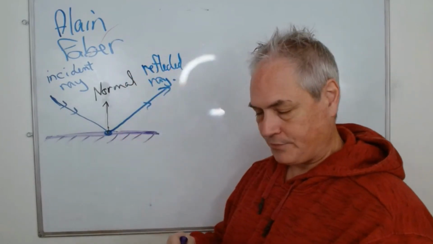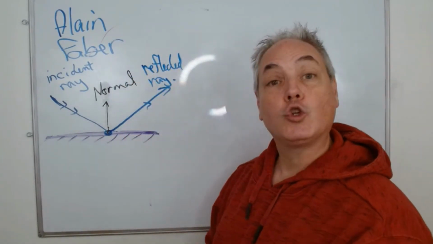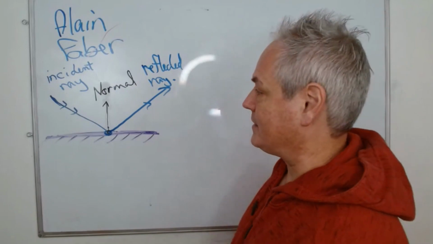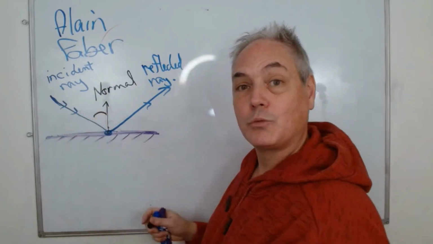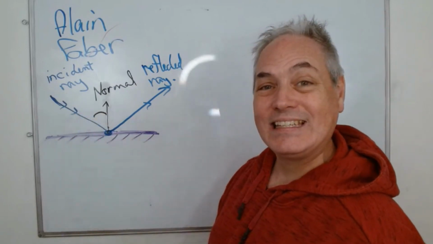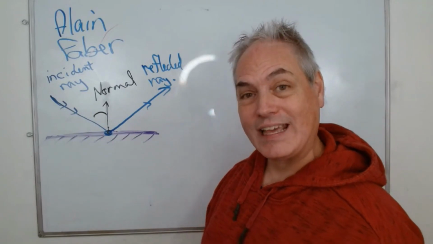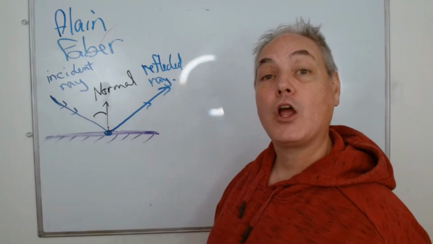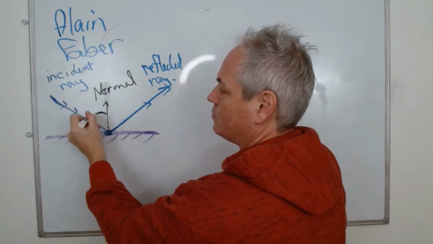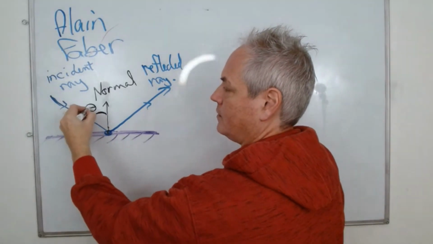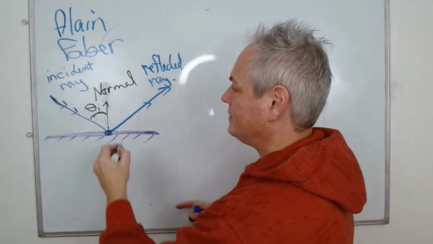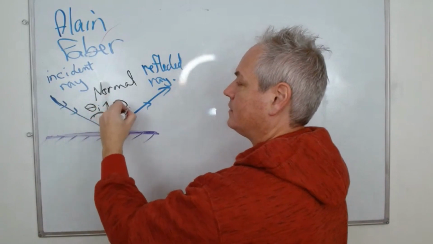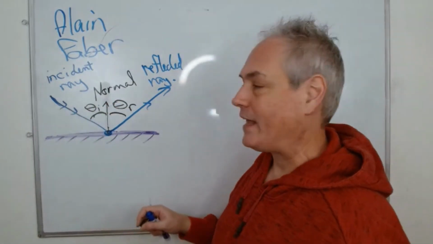So we have a reflected ray like this. Now, this brings us to two other concepts that are amazing. The first one is the angle of incidence, and the other one is the angle of reflection. So this one here is the angle of incidence, and this one here is the angle of reflection.